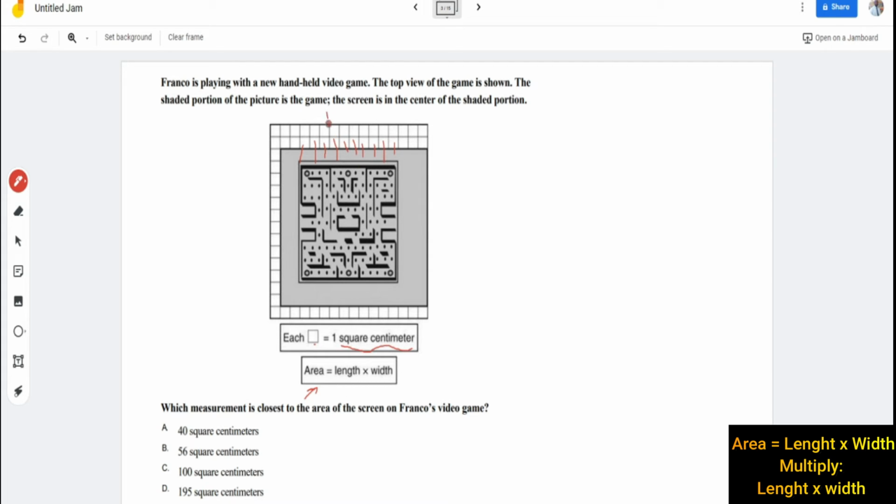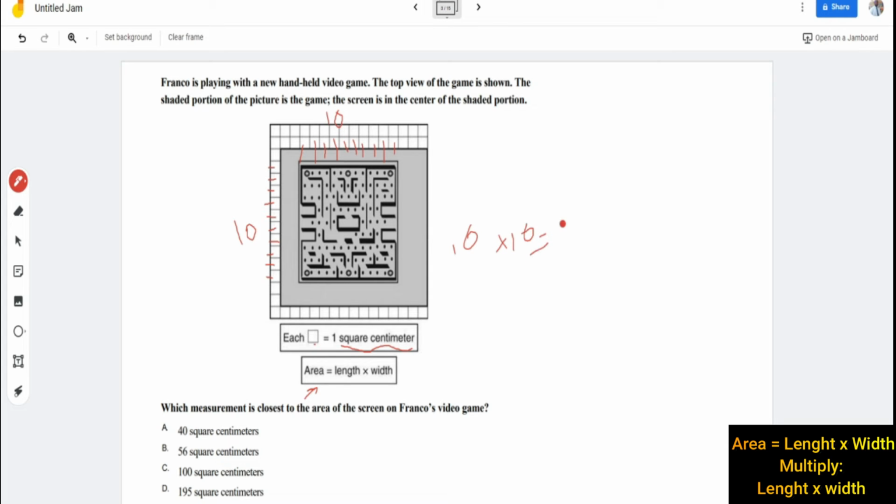This will be 1, 2, 3, 4, 5, 6, 7, 8, 9, 10. We have 10 on the top. I'm using this square as a reference. Now let's do the sides. That'll be 1, 2, 3, 4, 5, 6, 7, 8, 9, 10. So we can say this is 10 times 10.